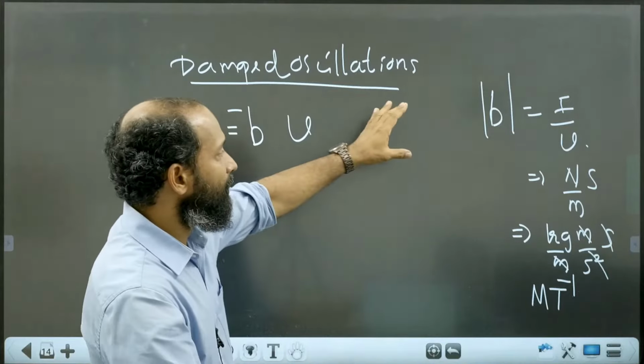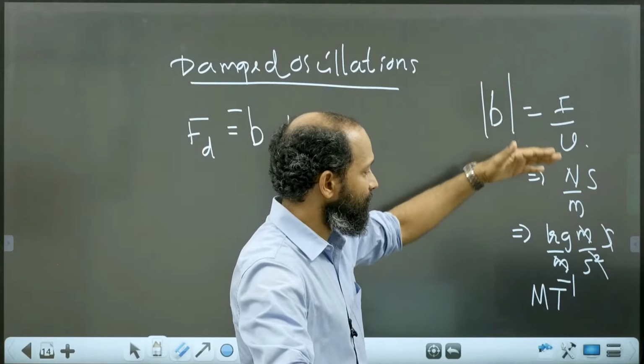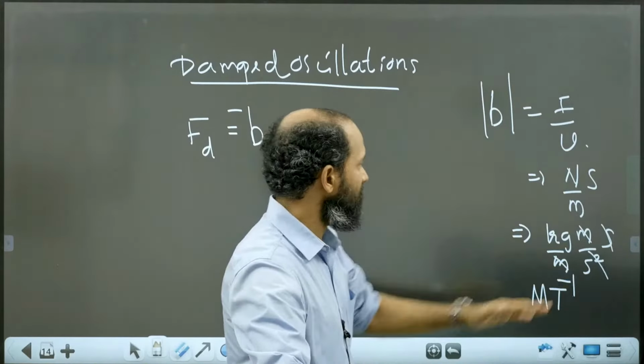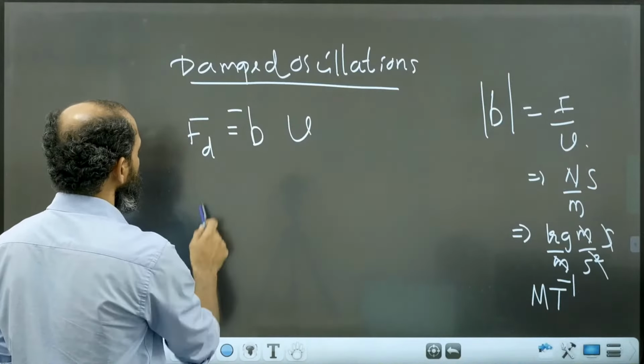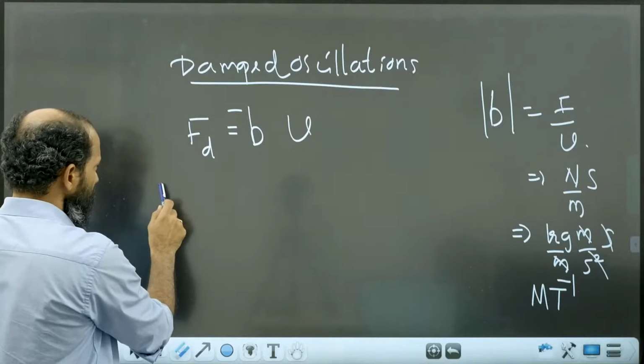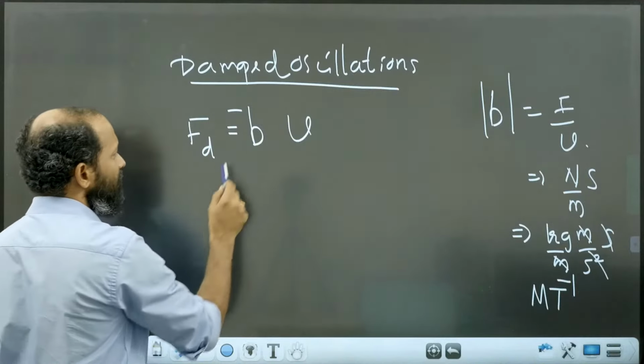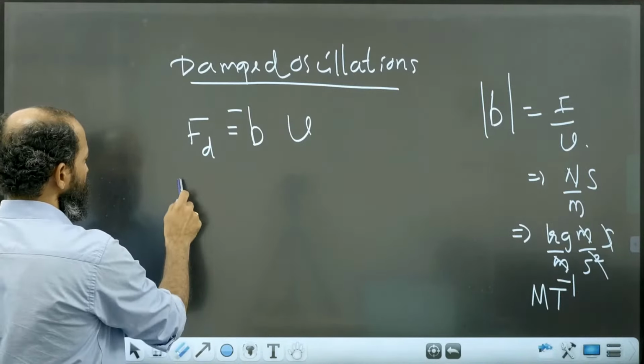So damping coefficient is F divided by V. Its unit is kilogram per second. Learn it by heart. Damping force is minus bv. Damping force depends on velocity, a velocity dependent force. Due to this damping effect, the angular frequency has been reduced. So periodic time is increased.